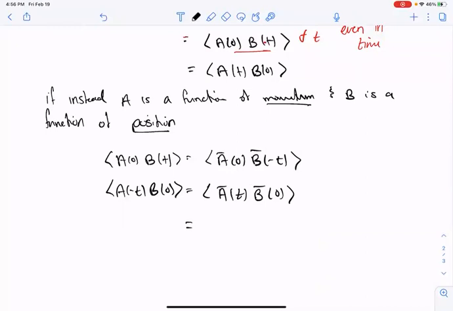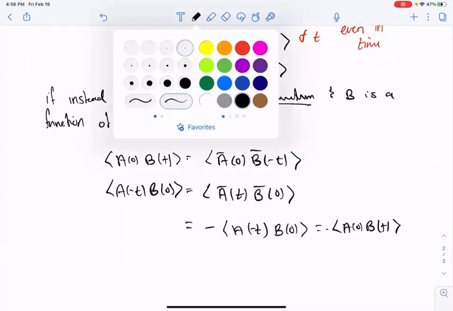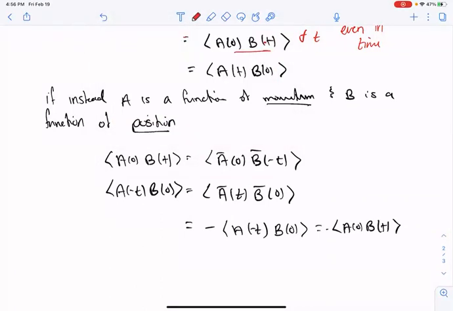If A is odd under time reversal, but B is even, being a function of position, I will get a minus A at minus t, B at 0, or minus A at 0, B at t, again through stationarity. So this correlation function, being a correlation function of a momentum variable and a position variable, is then odd for all time.